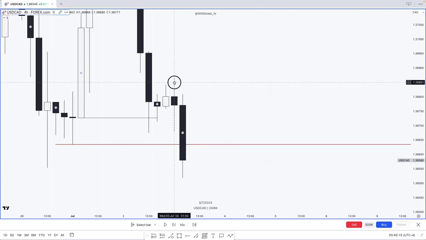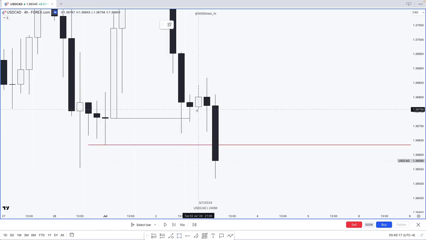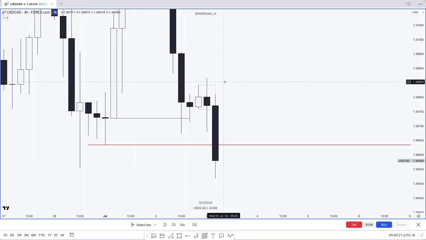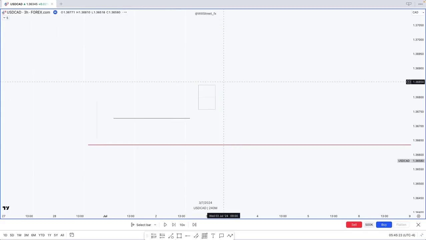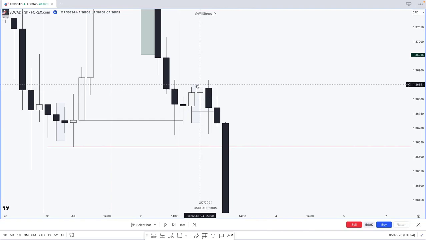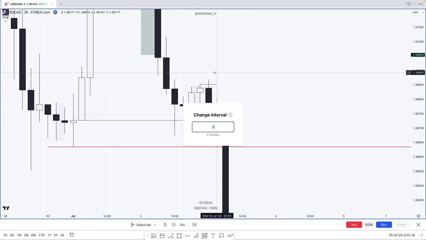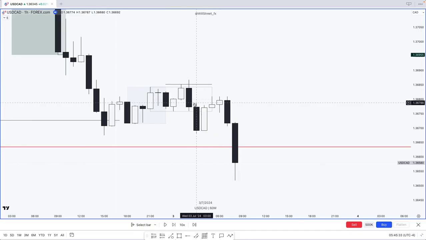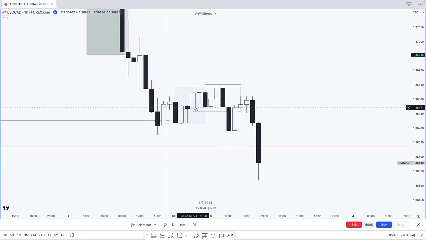This is London, 1 a.m. Let's refine the intra turtle soup. And this is the 3 a.m. So we are going short.